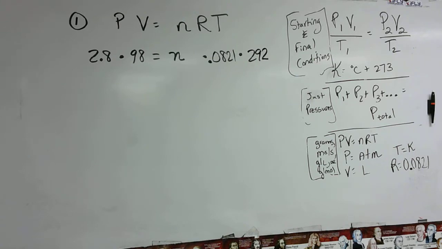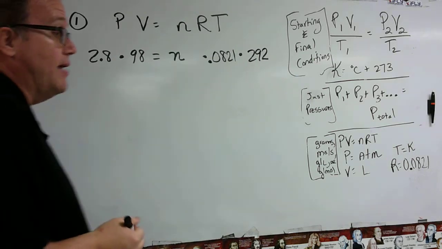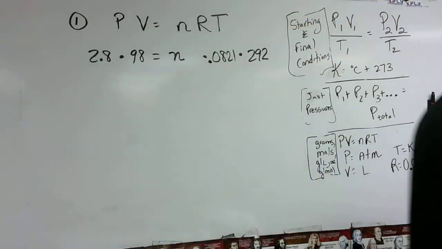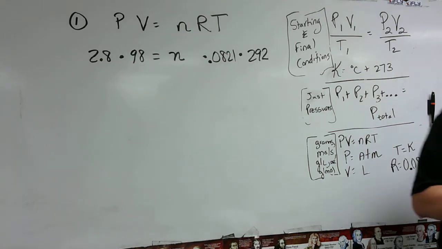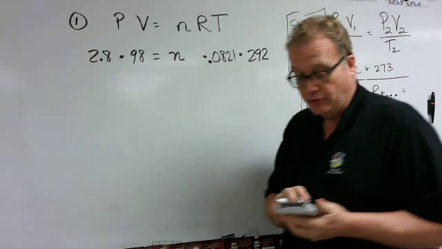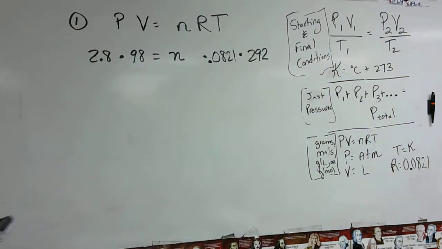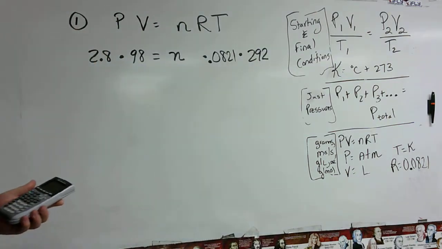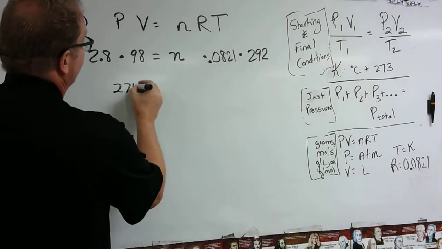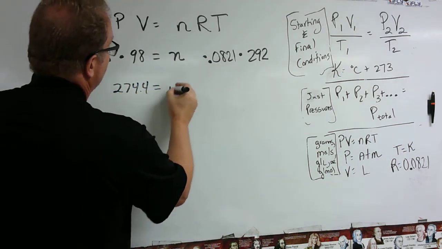So if I'm taking a look at this, now I have it set up in a very easy calculation. I group my things together through multiplying. So I've got 2.8 times 98, which equals 274.4.